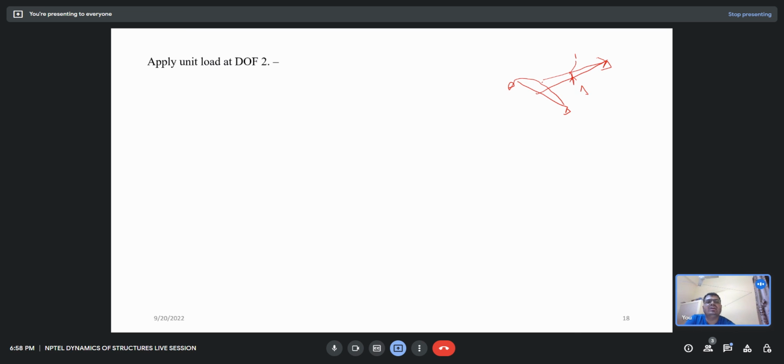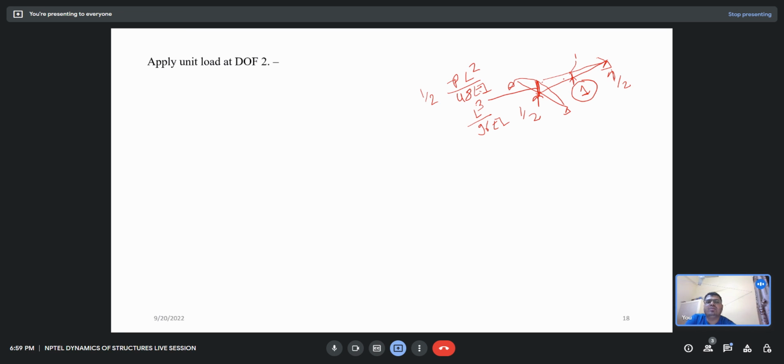If I apply a unit load 1 here, then what is the reaction here? 1 by 2, 1 by 2. Okay. So here, F12, the deflection due to the 1 by 2. The deflection due to P load is PL cube over 48 EI. If I put P equal to 1 by 2, that becomes L cube over 96 EI, the deflection at this point.